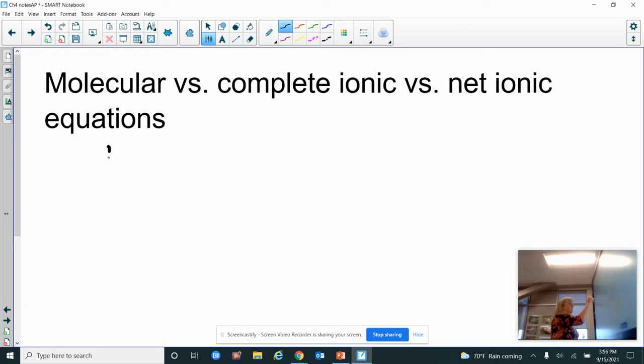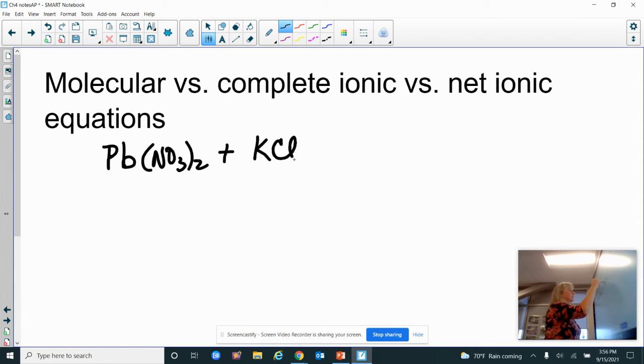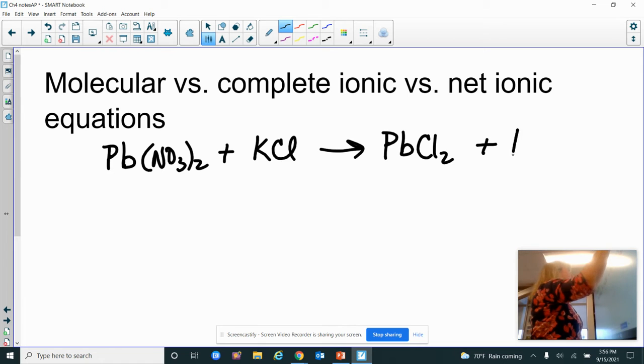So again, if we had Pb(NO3)2 plus KCl, and I get PbCl2 plus KNO3. If that's my molecular, 2 here, 2 here, and this was my precipitate.